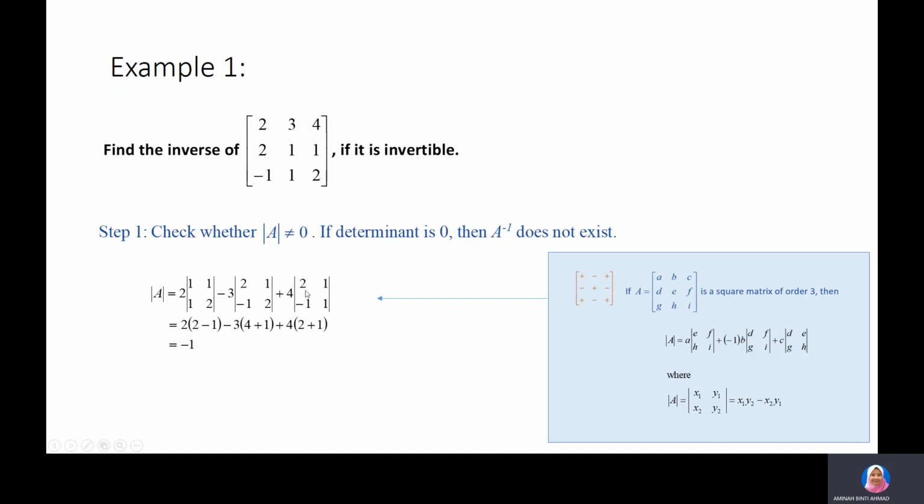We get plus 1 times (2 times 1, 2, minus 1 times negative 1). So we calculate and get negative 1, and the determinant is not equal to 0. Therefore, the inverse of A exists. So we can proceed to step 2.